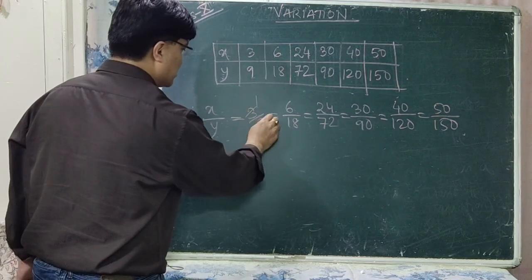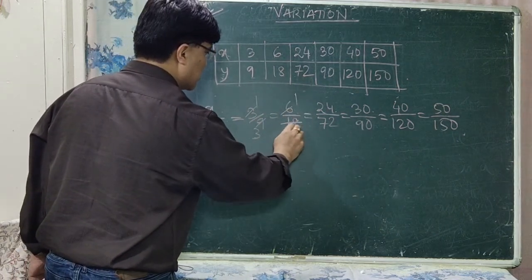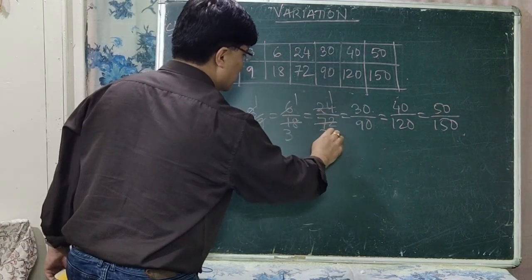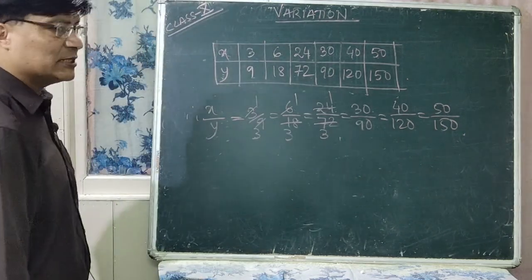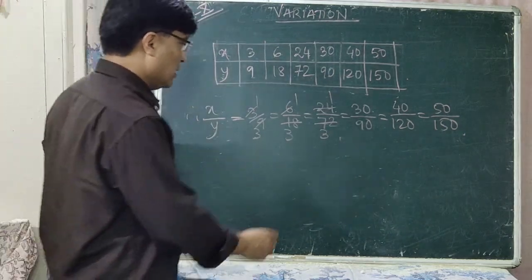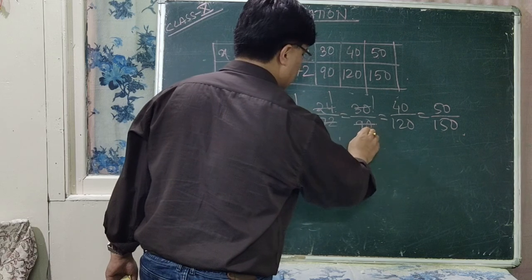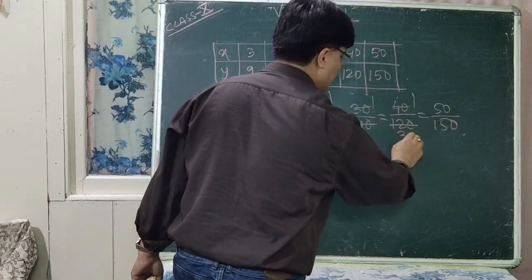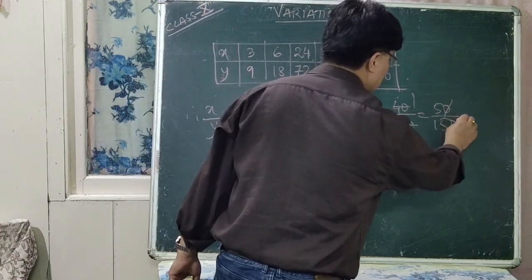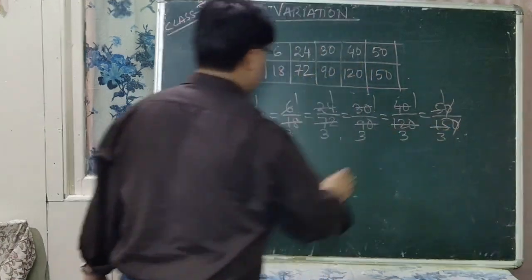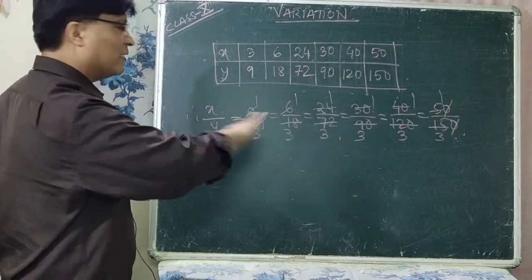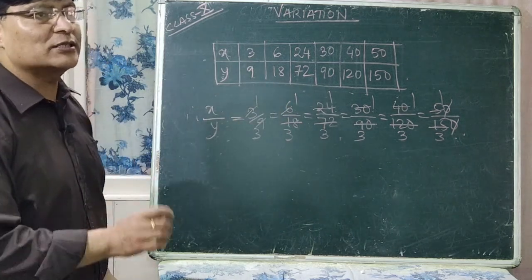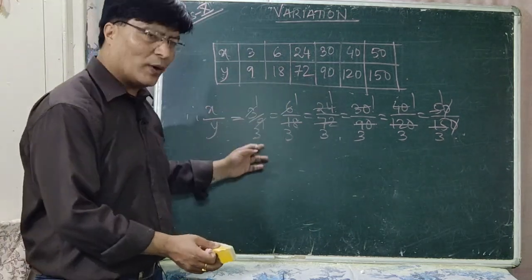So 3 ones are 3, 3 threes are 9, 6 ones are 6, 6 threes are 18, 24 ones are 24, 24 threes are 72, isn't it? 30 ones are 30, 30 threes are 90, 40 ones are 40, 40 threes are 120, 0 0 gets cancelled. This is 1/3. That means all the values of x upon y are constant here, which is 1 upon 3.